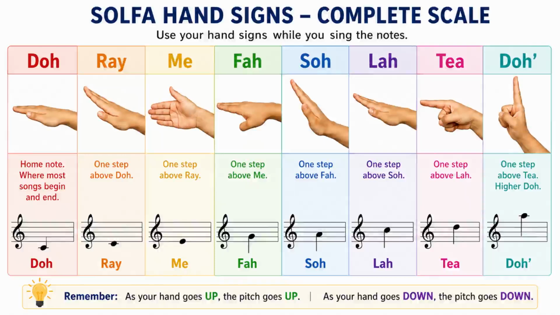So these represent the different gestures and symbols that can be used to demonstrate solfa notation. These hand gestures can help us connect what we hear with what we see for easy understanding of the different pitch, rise and fall.